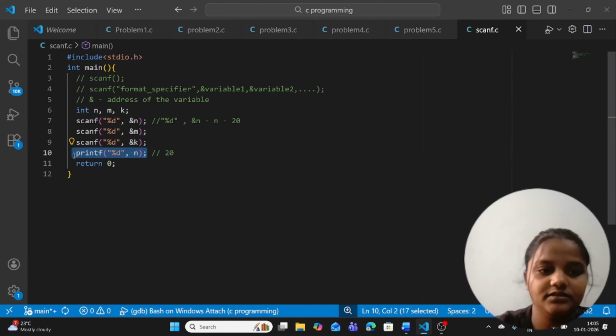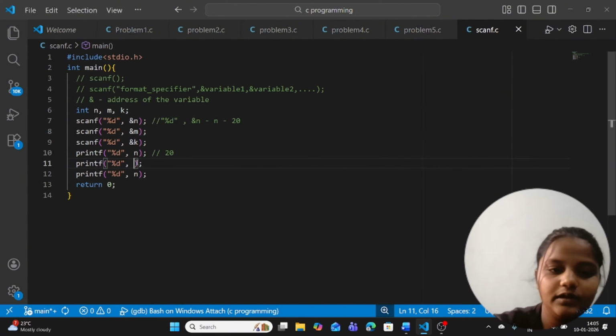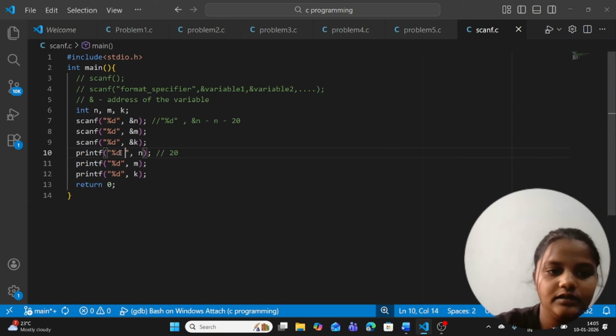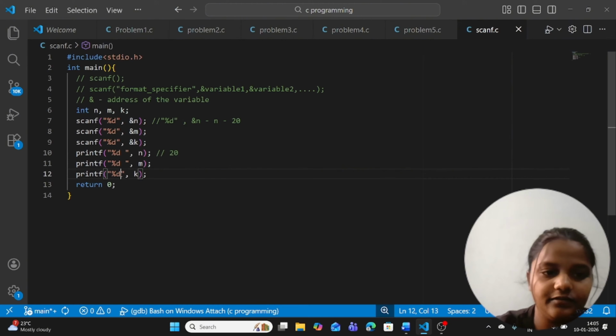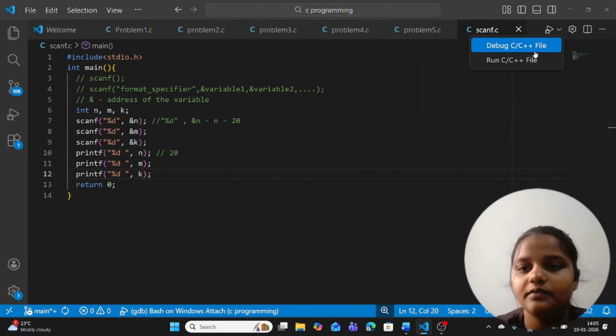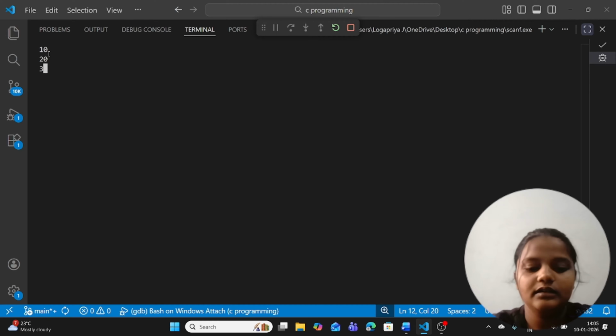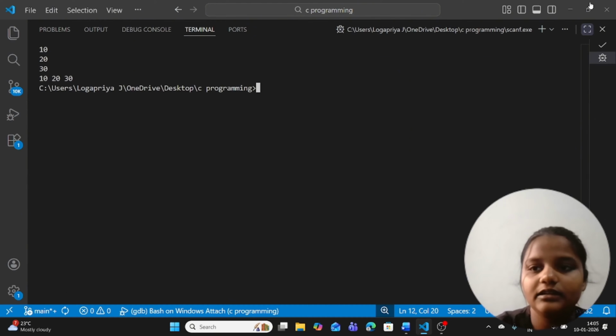So we want to print 3 variables, right? I just copy this. Here for n, m, and k we are going to print them. I give a space so that you can clarify which variable's value is which. In our output screen we need to give input 3 times: 10, 20, 30.